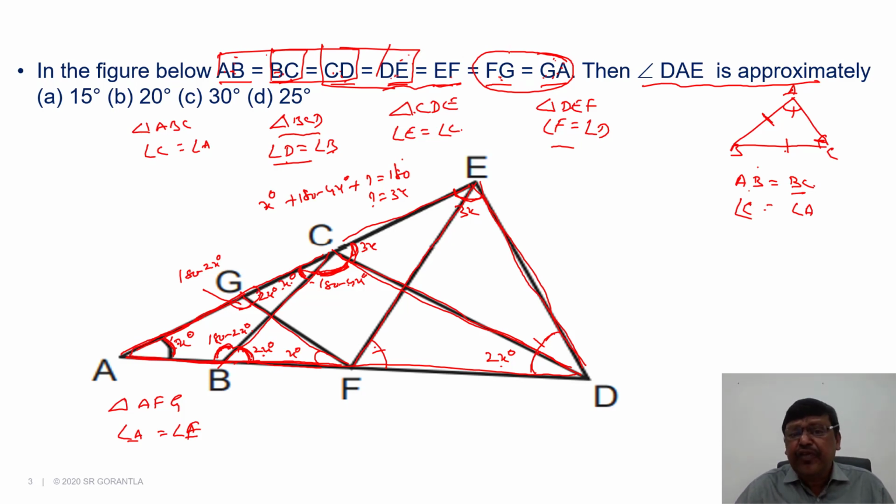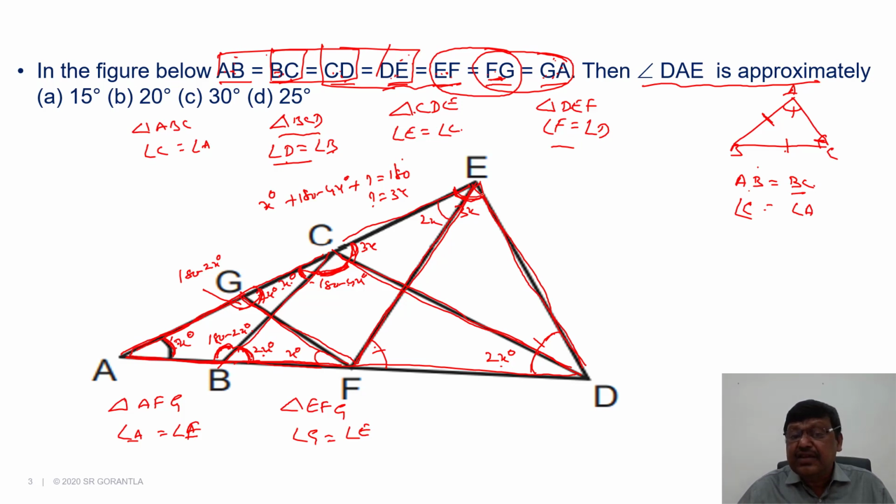Now, if I consider the triangle EFG, since EF is equal to FG, opposite to EF, angle G equals opposite to FG, angle E. Since we know that angle G is 2x, angle E is going to be 2x.